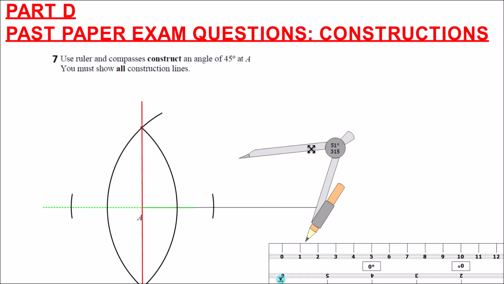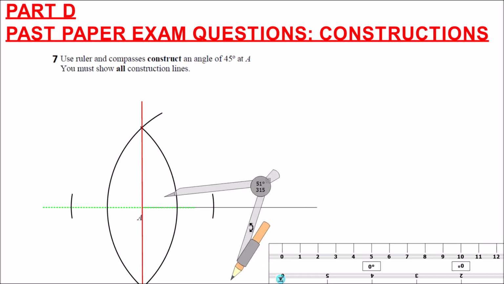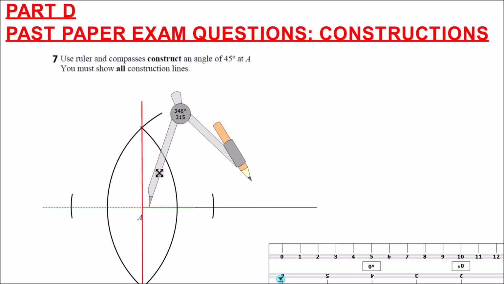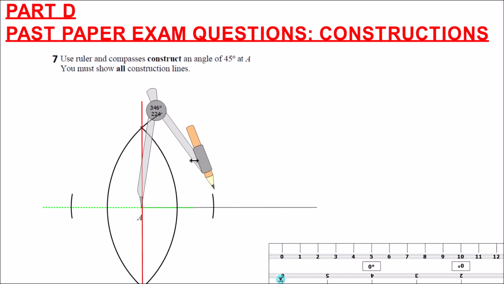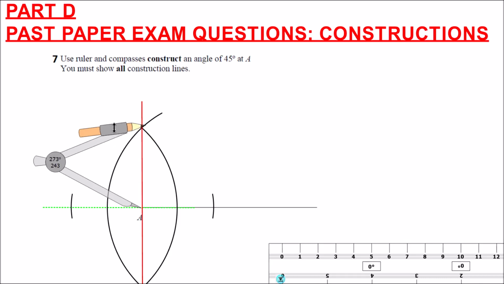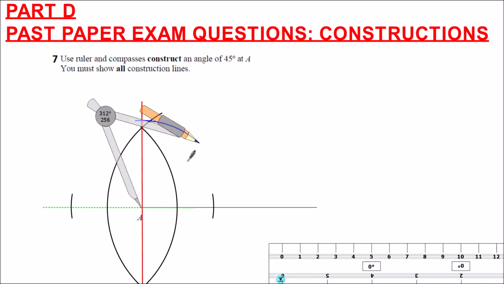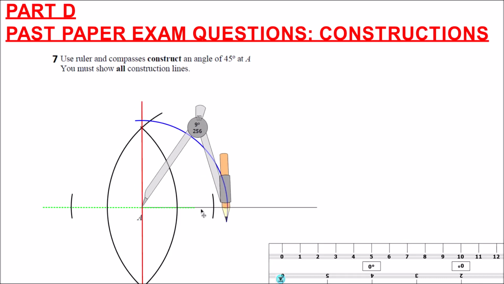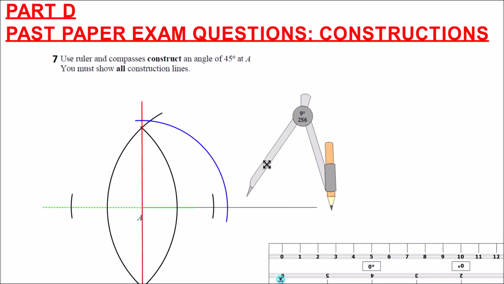And so now we're going to put the compass needle back at A. Make it slightly narrower. And then from A, just going to do a big curve that cuts both lines of a 90-degree angle, like so.